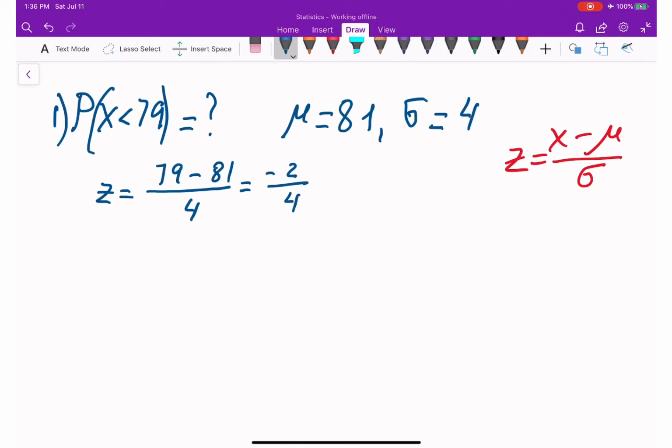Negative 2 divided by 4, we get negative 1/2, which is negative 0.5.